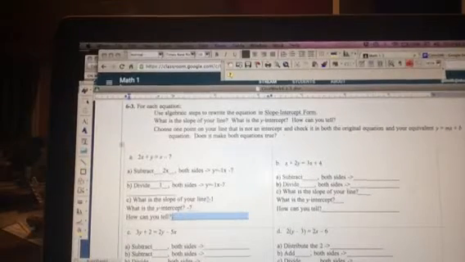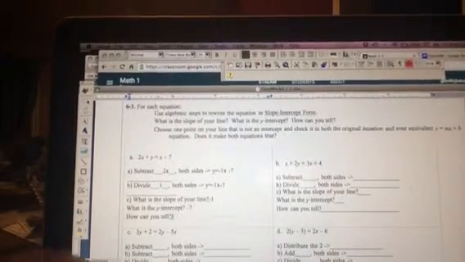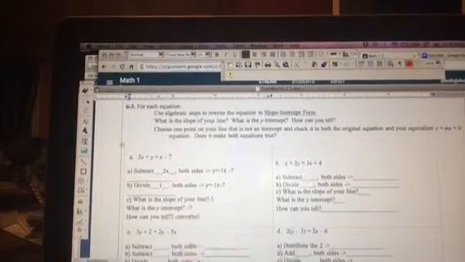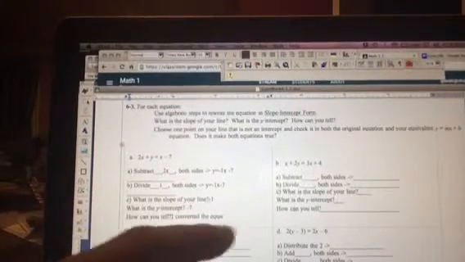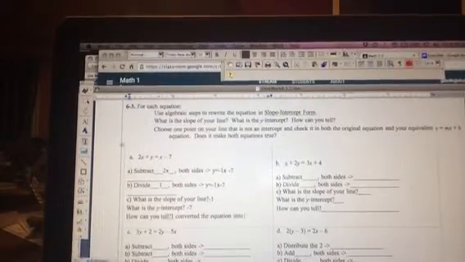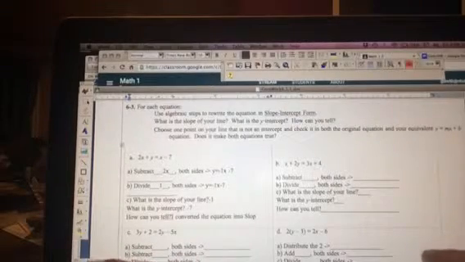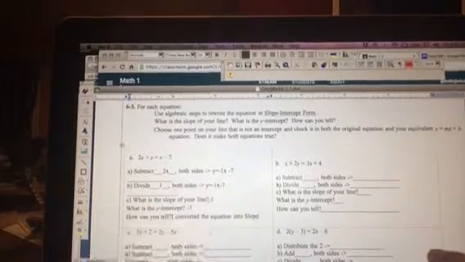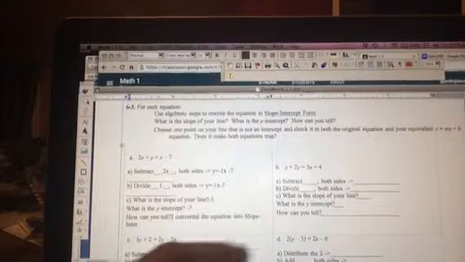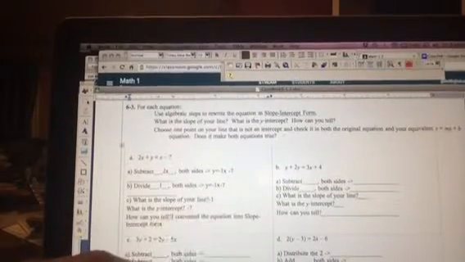Well, what I like to say is I converted the equation into slope, not slop, slope-intercept form.